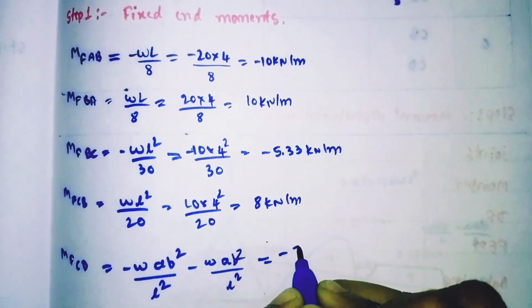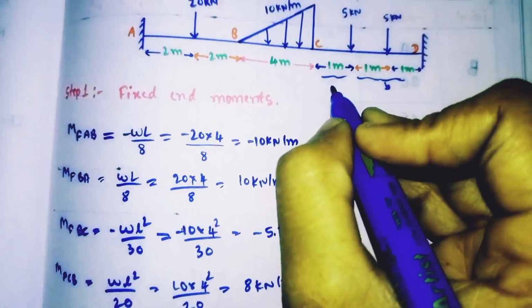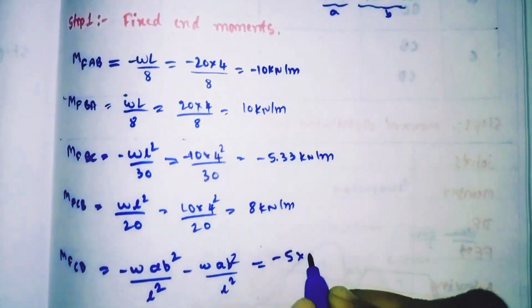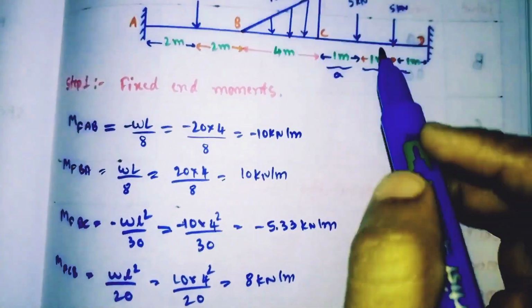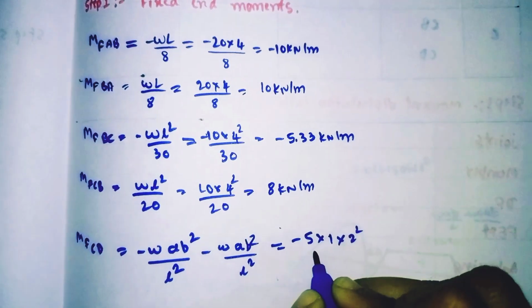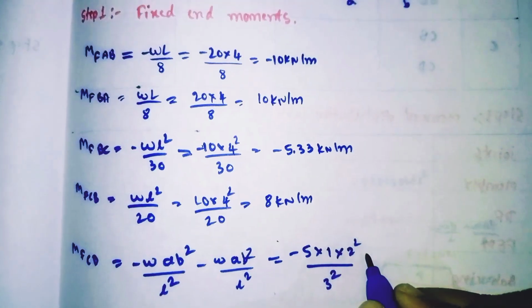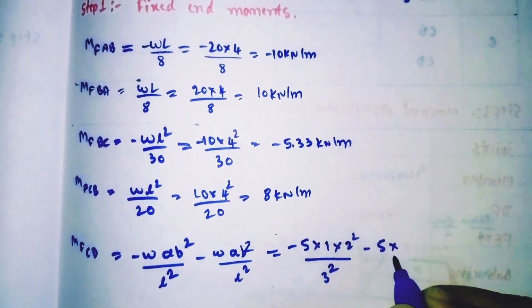So our load is 5, our A value is 1, and our B value is 2. So 2 square divided by L square, the total span is 3. Minus W is 5.